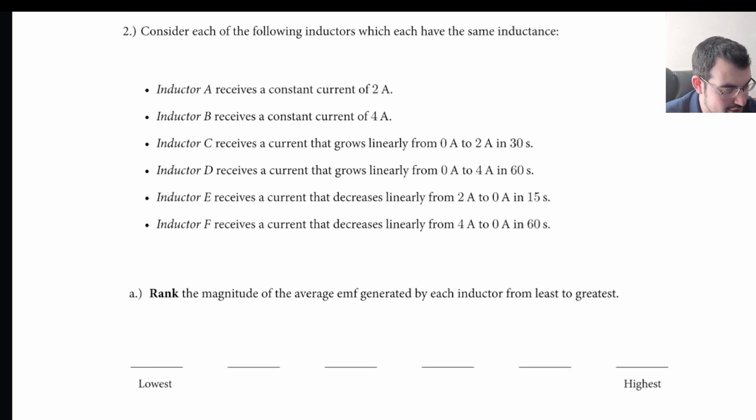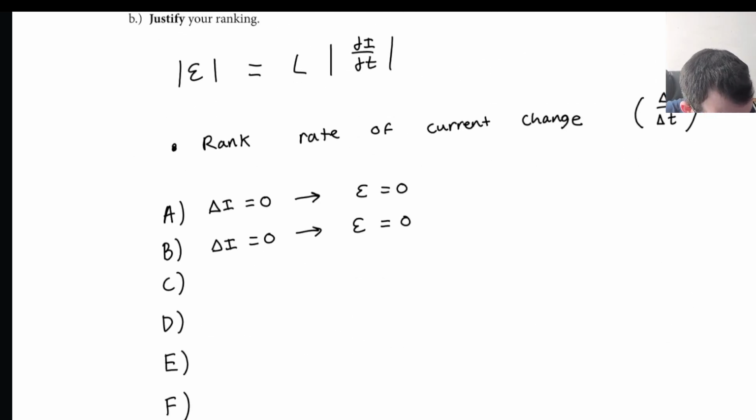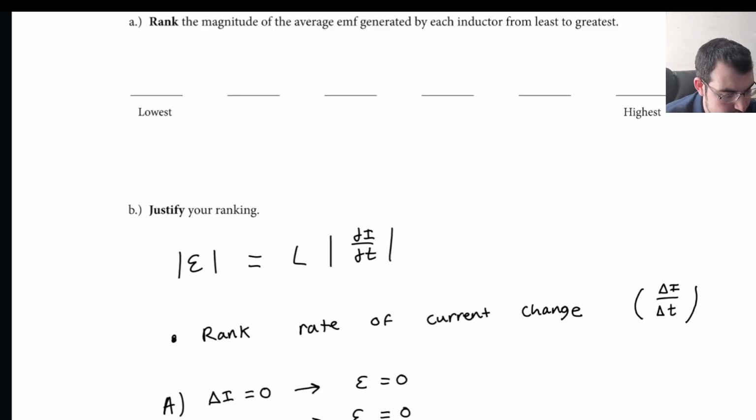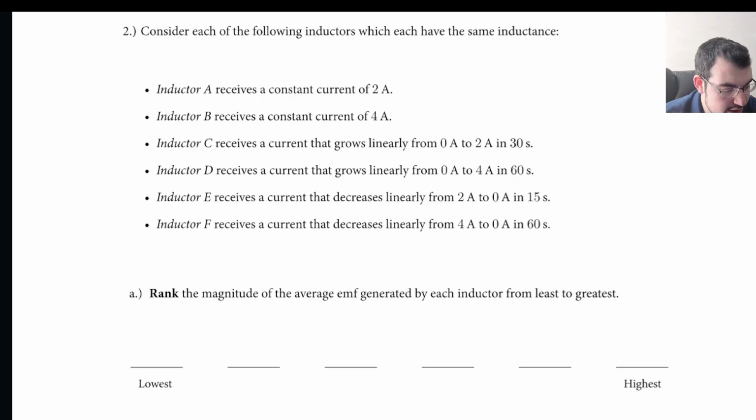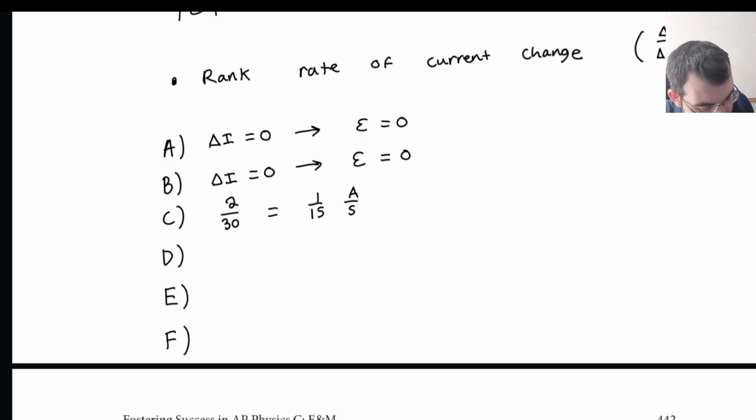Now we get to the actual computing. Inductor C, the current grows from 0 to 2 amps in 30 seconds. So the current changes by 2 amps in 30 seconds, which I'll simplify to 1/15 amps per second. What about D? D does an increase of 0 to 4 in 60. So it increases by 4 amps in 60 seconds, which is still 1/15 amps per second.